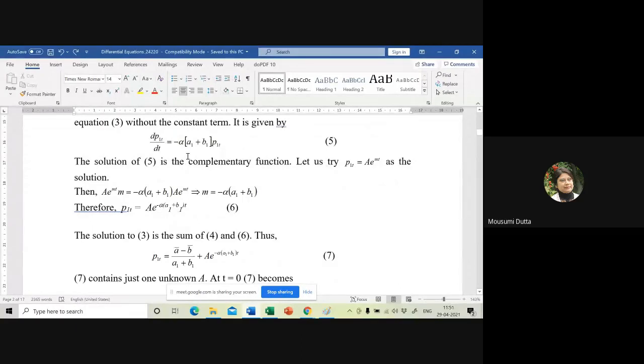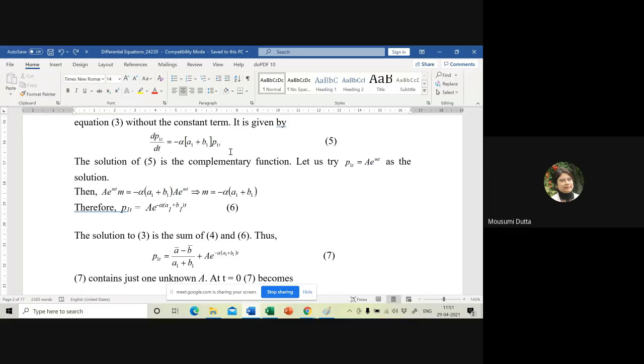I'm not considering the constant part, rather I'm considering the part which is related to P1T. The solution of 5 is the complementary function. If I can solve for 5, that will give us the complementary function.